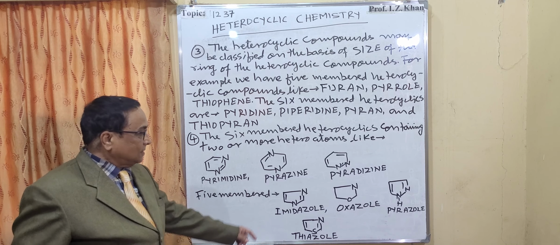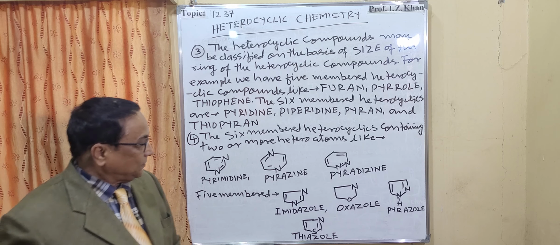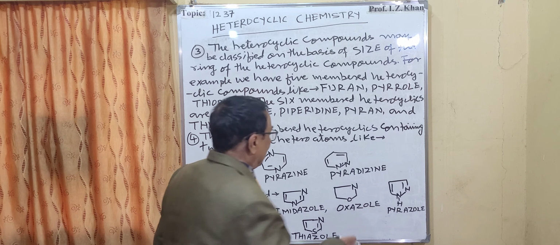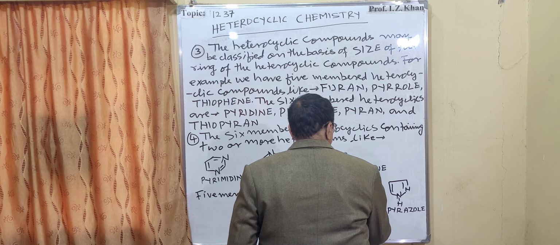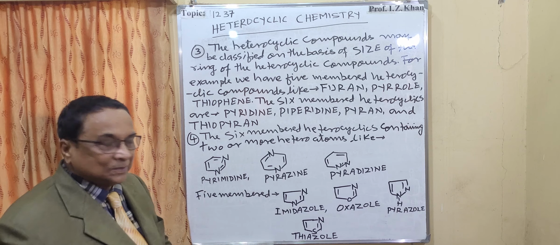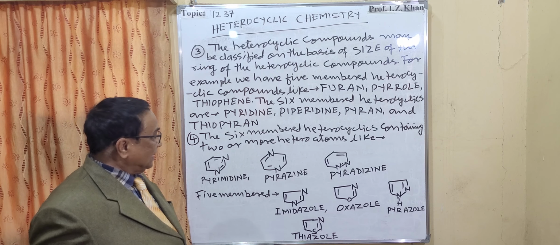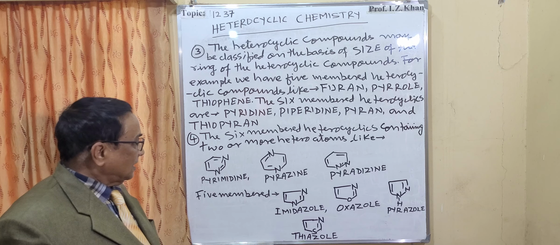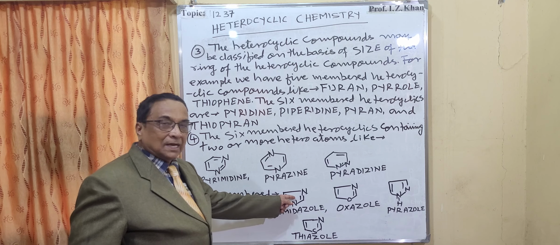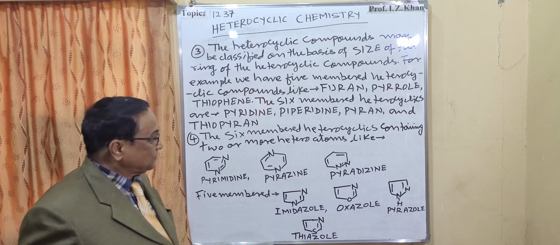Now the 5-membered rings where there are 2 or more heteroatoms. Number 1, that is called imidazole, where 2 nitrogens are part of the 5-member ring.